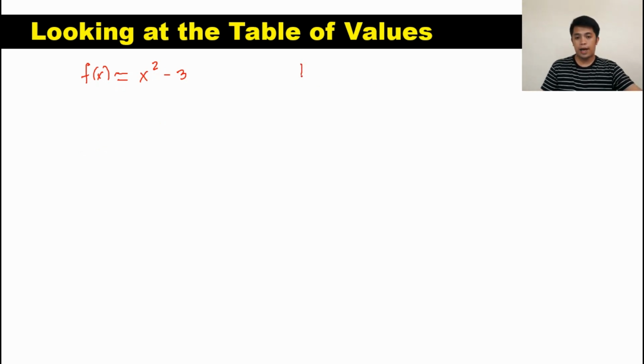If we are asked for the limit of x squared minus 3 as x approaches 2, unsa ang limit nato? Unsa ang value nga gi-approach sa y as we move closer and closer to 2?